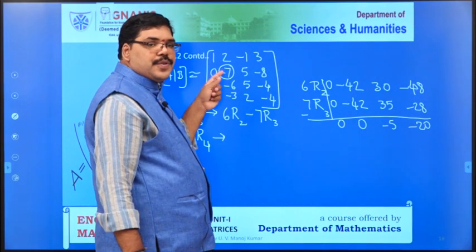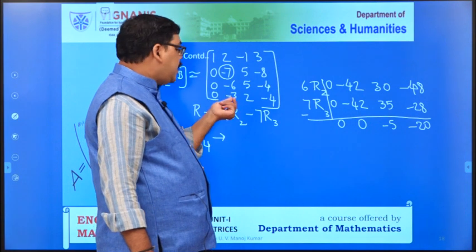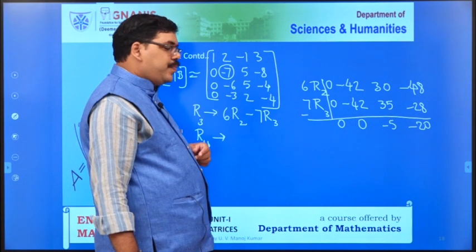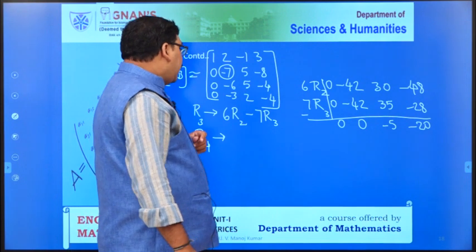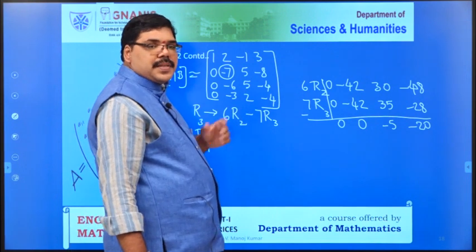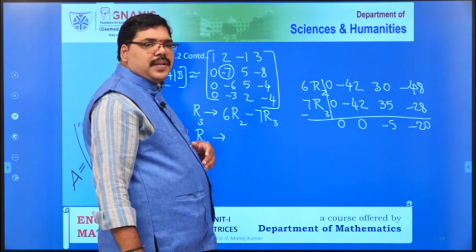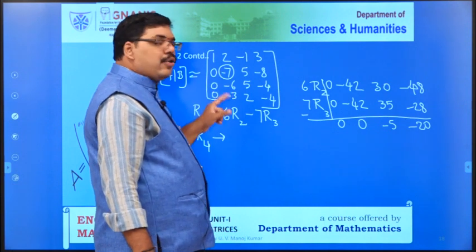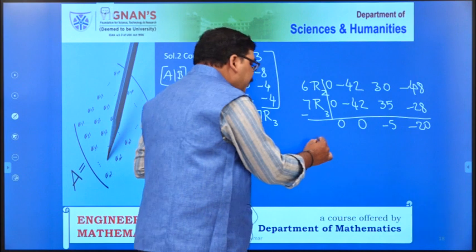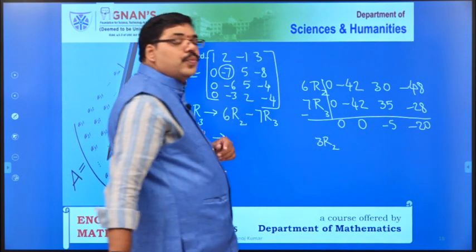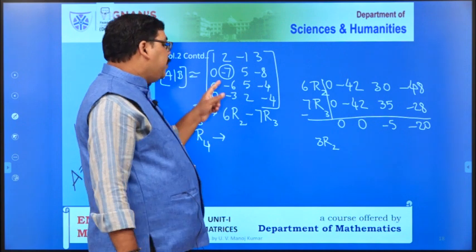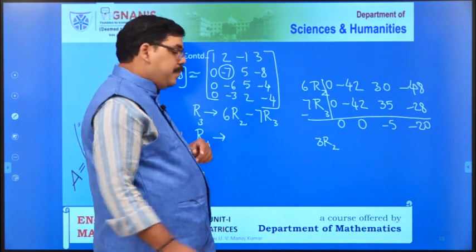So, we have to use minus 7 and make the position minus 3 into 0. So, what is the suitable row operation? Again cross multiply the rows with numbers. What do you mean by cross multiplying? Multiply the second row with 3, 3R2, and multiply the fourth row with 7.